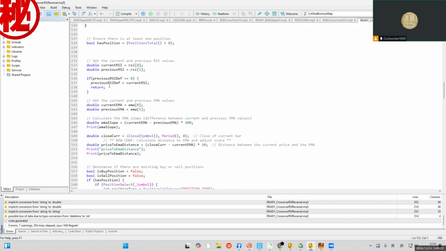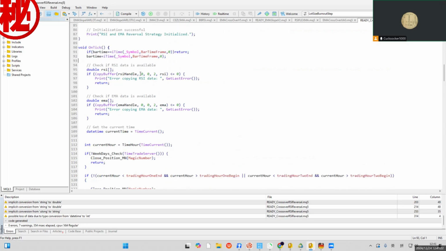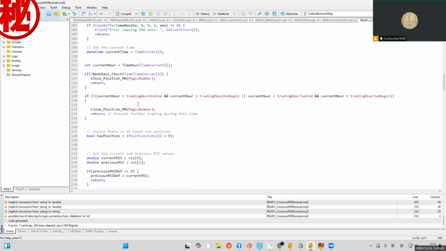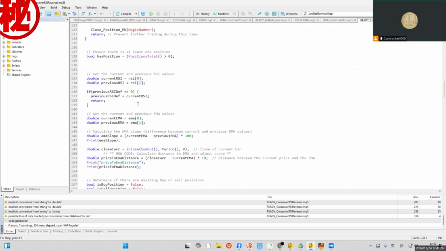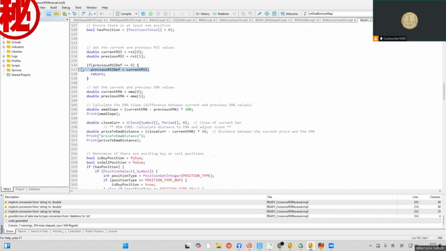Current RSI, previous RSI definition. I'm not using the RSI handle, I'm using every bar. If you use the RSI handle and RSI buffer, it's going to use every tick for the RSI value, which we don't want. So we use manual variables to store the current RSI.